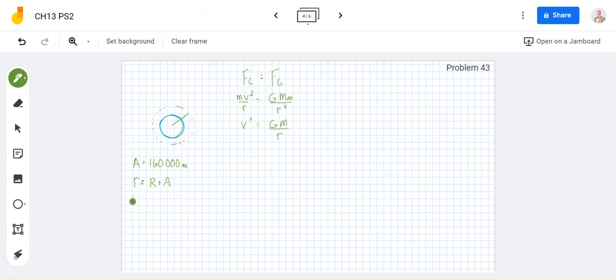The radius of the Earth, 6.37 times 10 to the 6th meters, plus my 1.6 times 10 to the 5. Put that in a calculator real quick. I got 6.5.